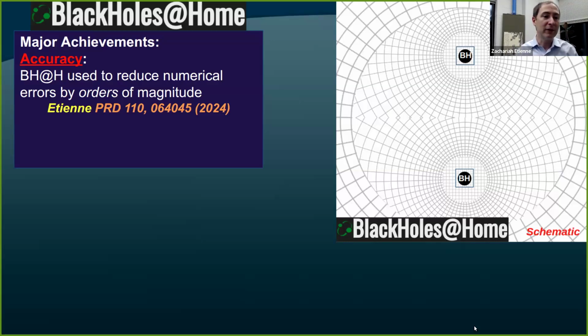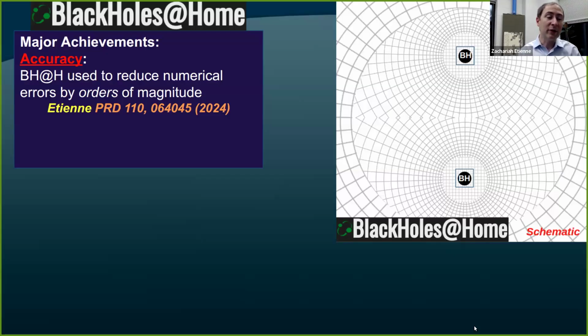And with this, I use black holes at home to reduce numerical errors in binary black hole simulations, tackling this problem I alluded to earlier. We have a sharp gauge feature that propagates out from the black holes and contaminates the resulting simulation. Again, being the result of 99.99+% of constraint violations.